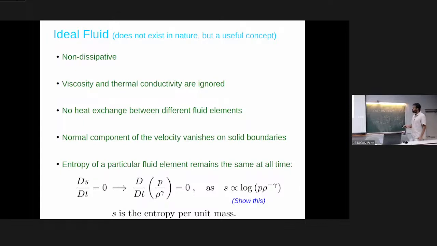Okay. Entropy of a particular fluid element, I said that this is basically like an adiabatic thing. If S is the entropy per unit mass, DS/Dt is 0 for a given fluid element. It's always 0. It has an entropy, but it doesn't change.